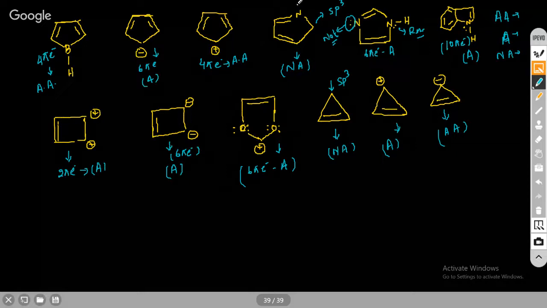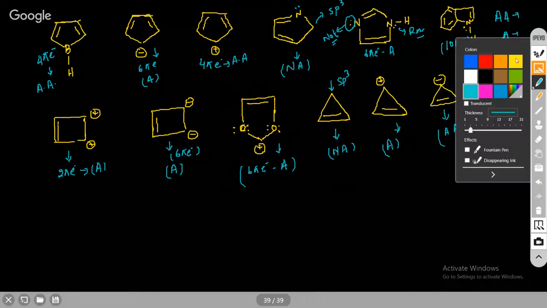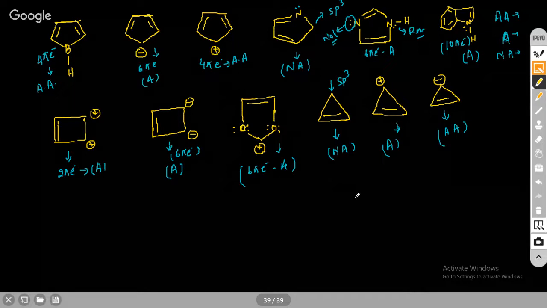You see this lone pair also, we have a lone pair here, right? Suppose in this molecule, if I put positive charge here, like this one, you see. Positive charge, double bond, and one lone pair. What about this?